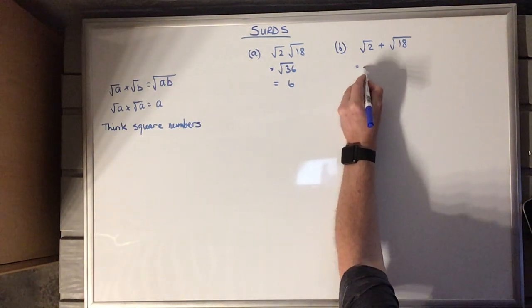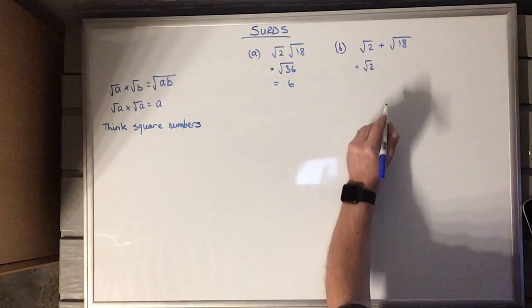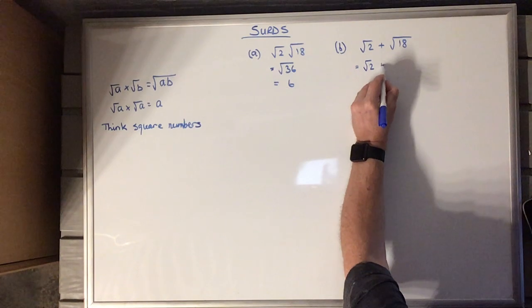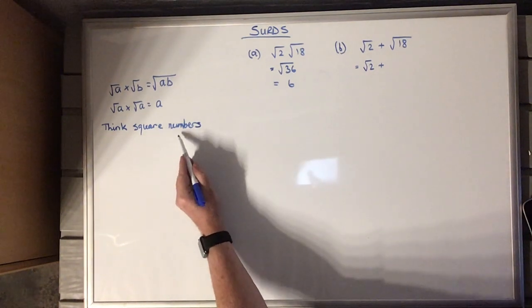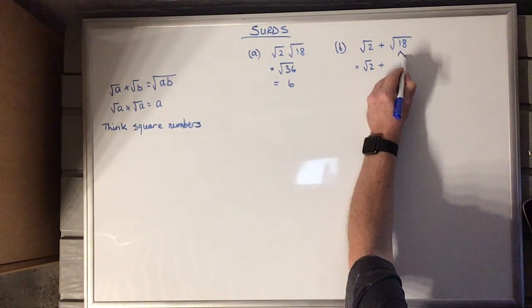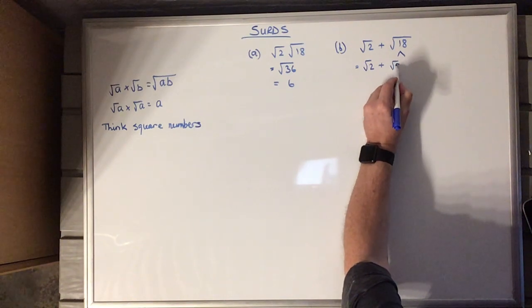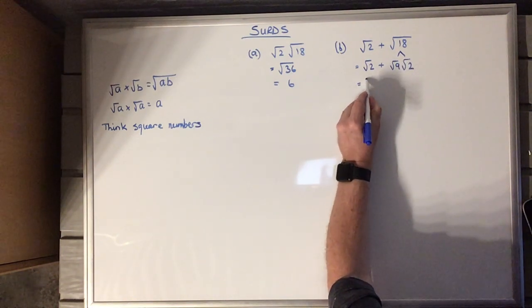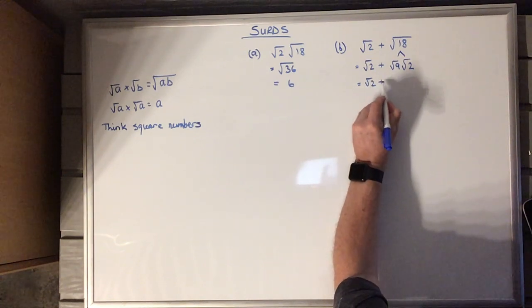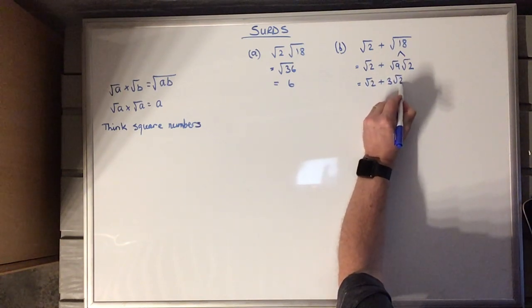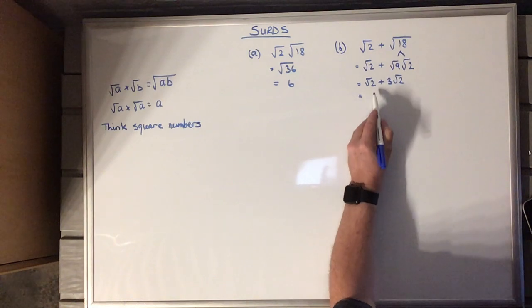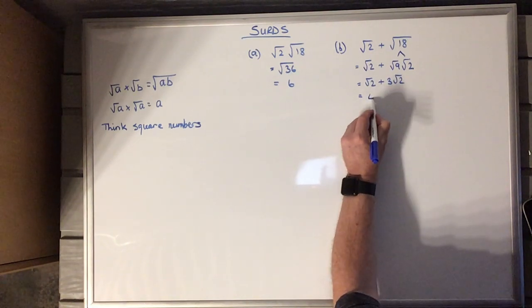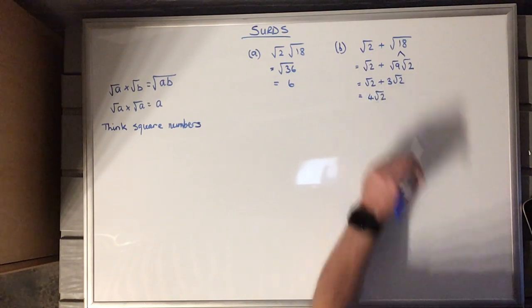So let's look at that. That's root 2 then, plus think square numbers. So we can split that into root 9, root 2. Well, the square root of 9 is 3, so that's 3 root 2. And then we can tidy that up. We've got one of them and another 3 of them, so we have 4 of them. So we have 4 root 2's.